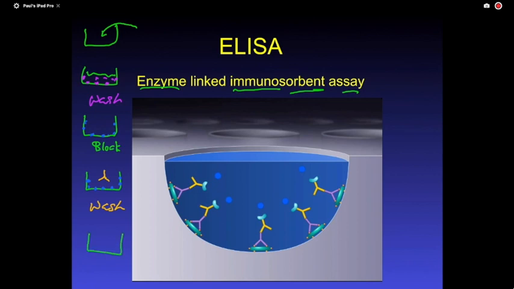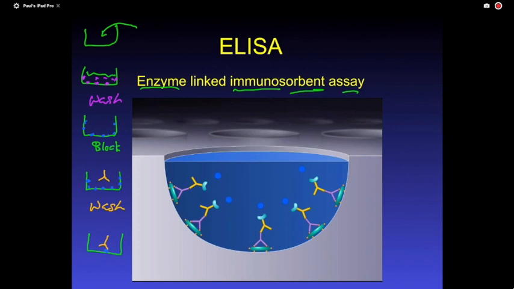Then you may have something like this: your protein and your antibody bound. Okay. Washing makes sure that the binding is specific. It is not just an antibody that's adhered to it and kind of stuck to the side. You wash it, and only things that are actually doing a physical binding will stay. Everything else gets washed out.